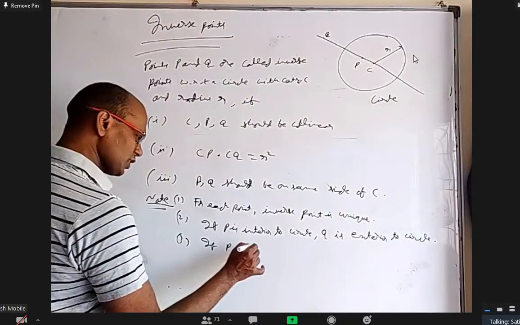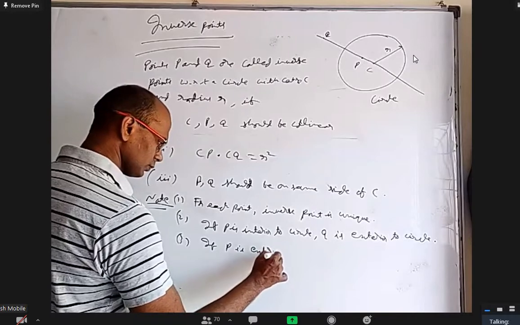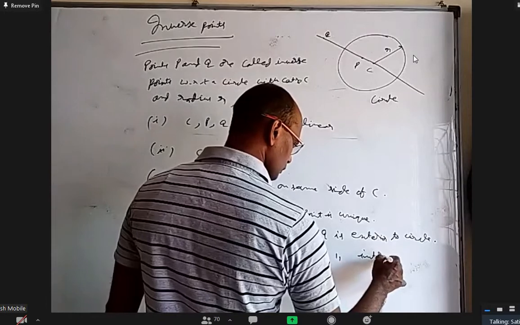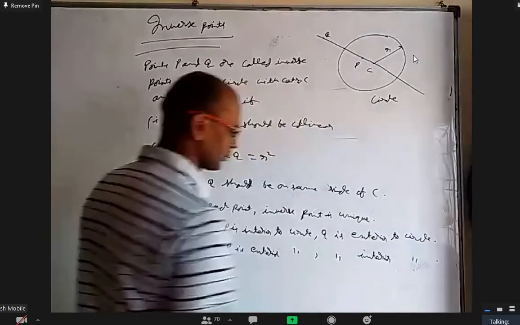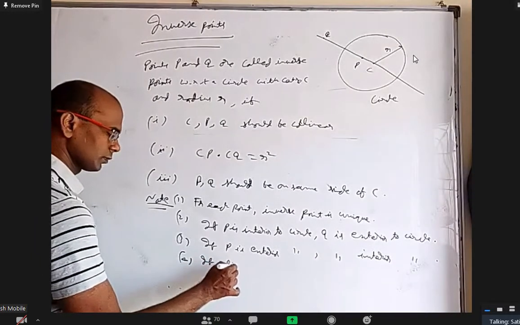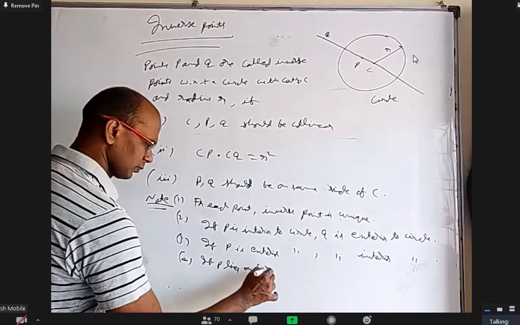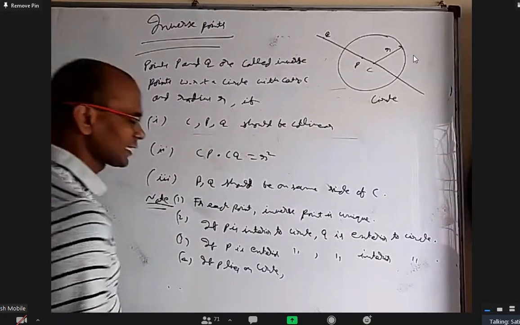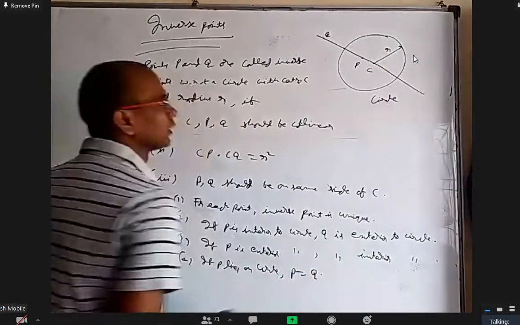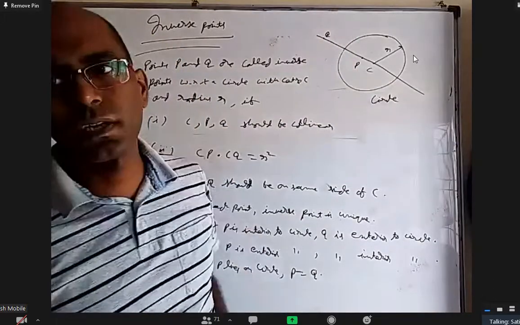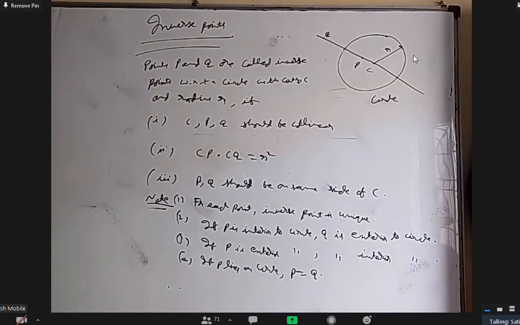If P is exterior to the circle, then Q is interior to the circle. Right? What if P lies on the circle? Then Q also should lie on it. If CP is R, CQ also should be R. Rather, P and Q should be the same. Because if P is here, CP is R, CQ should be R, and on the same side means it should be there only. If a point is on the circle, it is itself its inverse point.